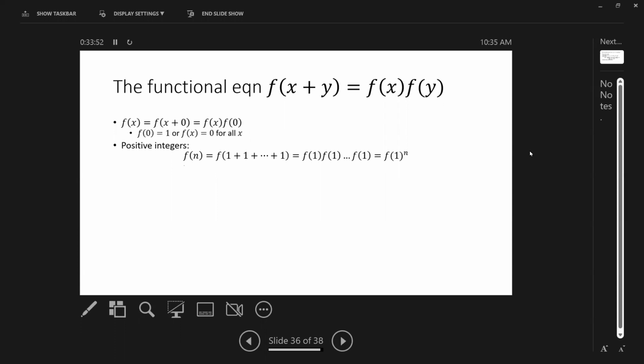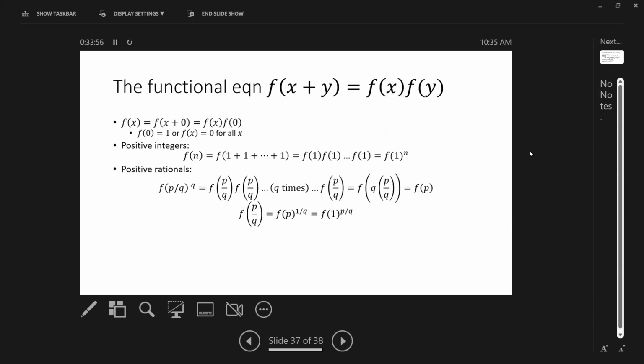The next step up from positive integers, we can do positive rationals. So we take some arbitrary positive rational number p over q. The trick to doing this is we take the f at that point and we raise the resulting valuation to the q. So what we have here is q copies of f of p over q. We multiply all of this together.